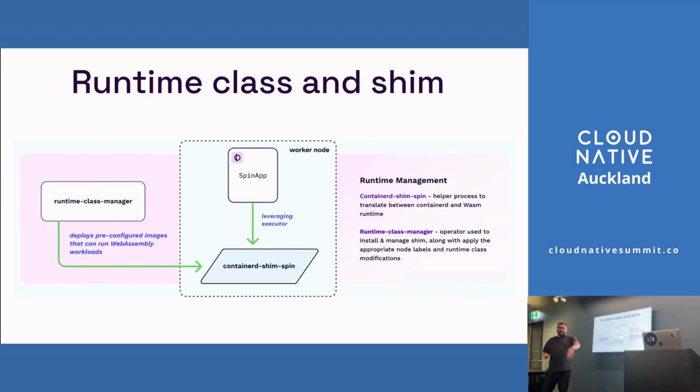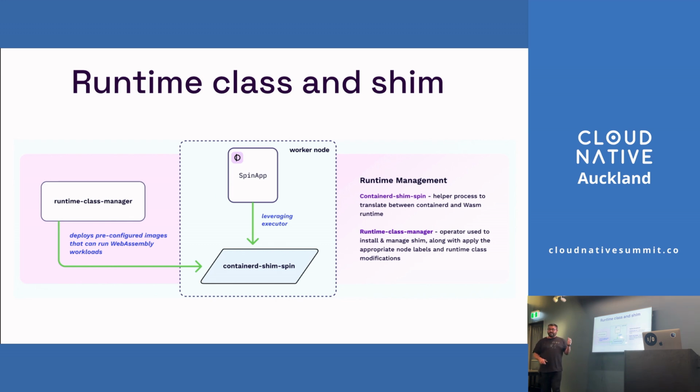And then when the operator is deploying that application onto a node, this is where the magic happens. You've got the runtime class manager, whose job is to configure the WASM runtimes on each node. And then again, the shim, as we talked about before. This is basically an operator that can add and remove and change and version.